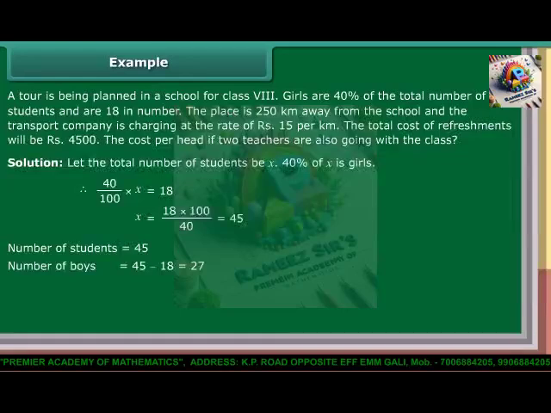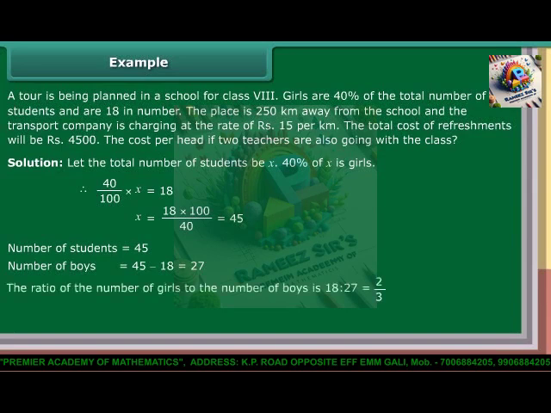Number of boys is equal to 45 minus 18, 27. The ratio of the number of girls to the number of boys is 18:27, which is equal to 2 upon 3, read as 2:3.